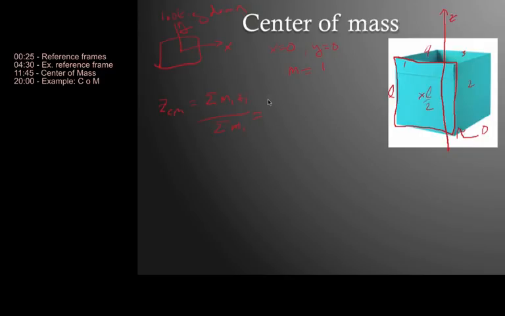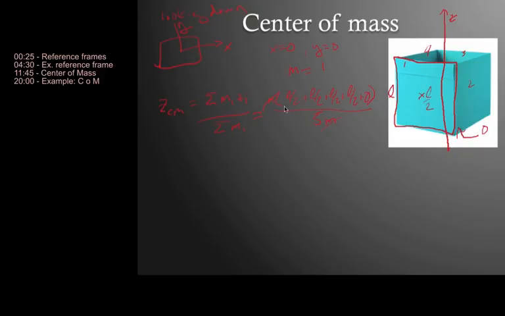So I'm going to write all these down, and bring those m's out. And so I'm going to have L over 2 plus L over 2 plus L over 2 plus L over 2 plus 0. So 4 sides and the bottom, all divided by 1, 2, 3, 4, 5 m.